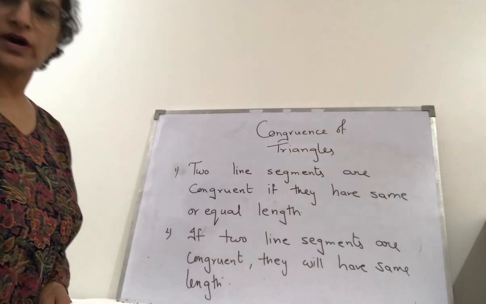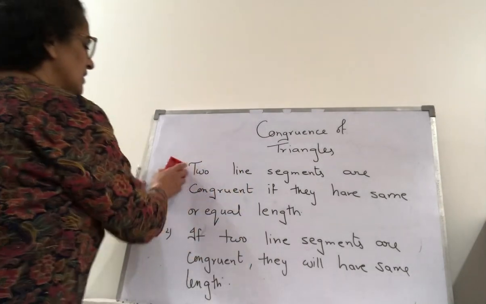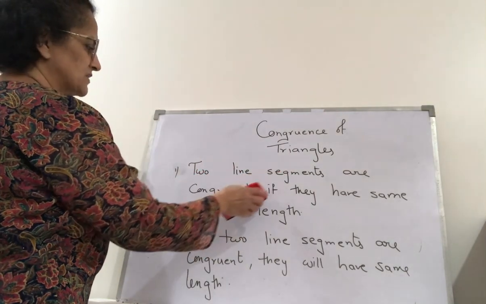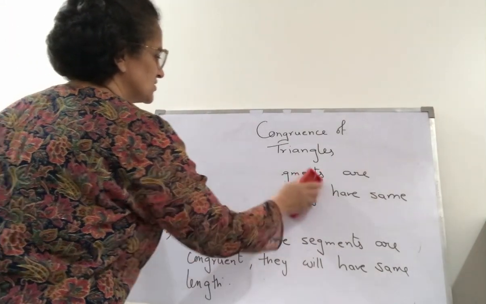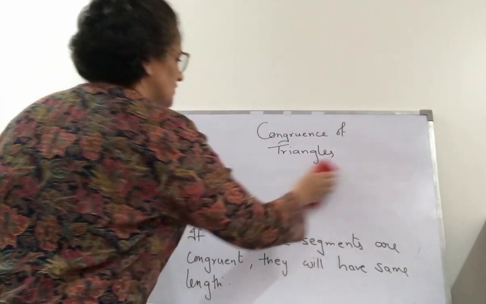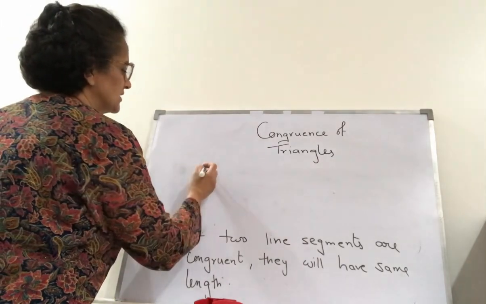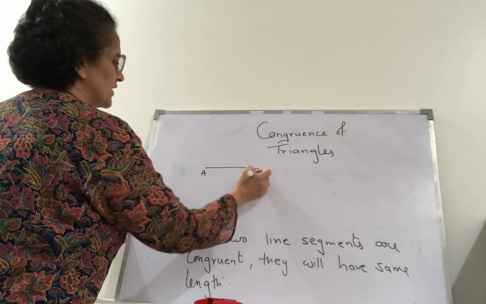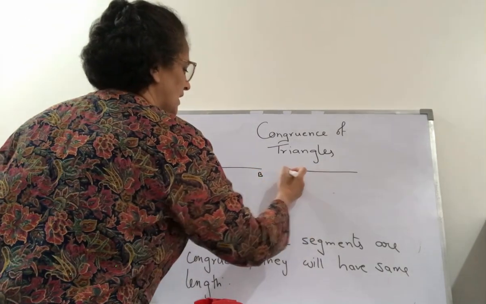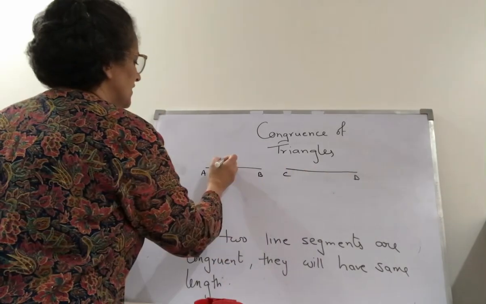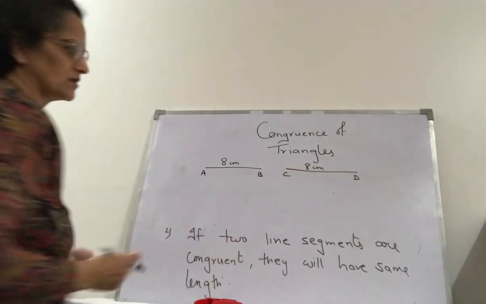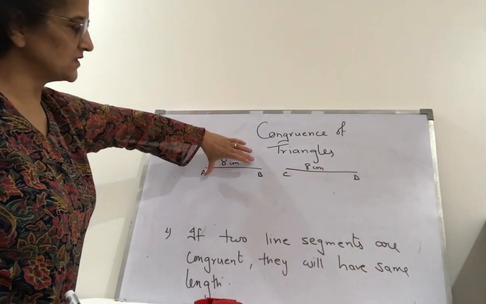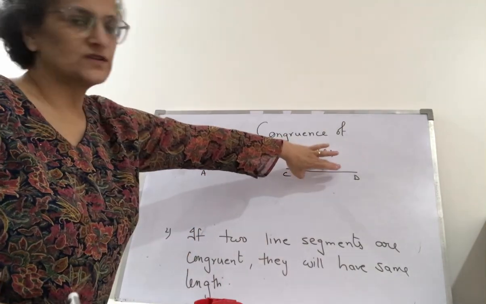So let's draw and understand again. I have written two line segments are congruent if. That means "if" is the condition given to me. If I draw AB and CD to be 8 centimeter and 8 centimeter, I can pick up this AB and put it on CD.